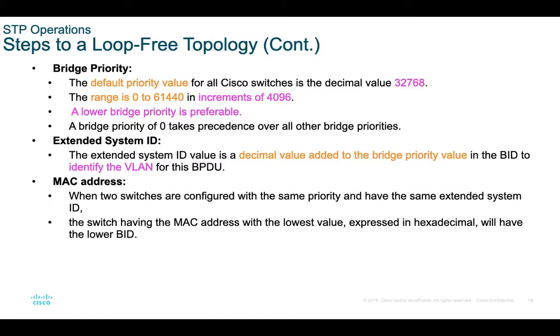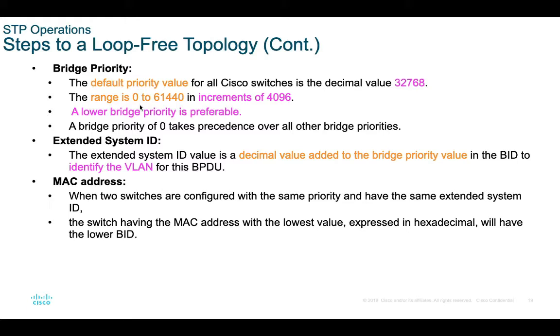So it can be 4096 or 8192 and so on. That's how they set the priority value. A lower bridge priority is preferable, but if we have the same priority, we take a look at their MAC address.